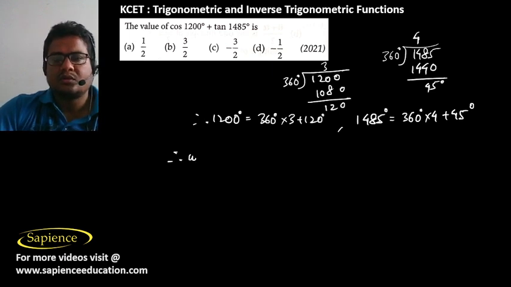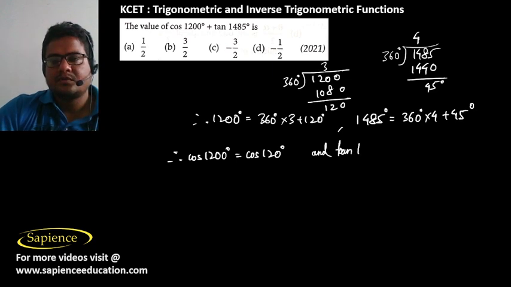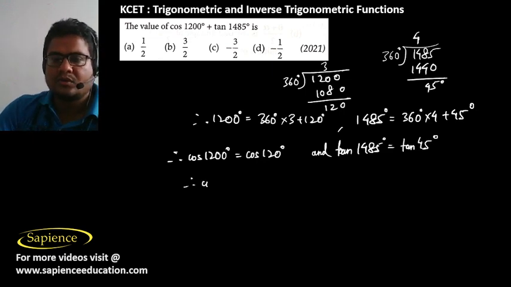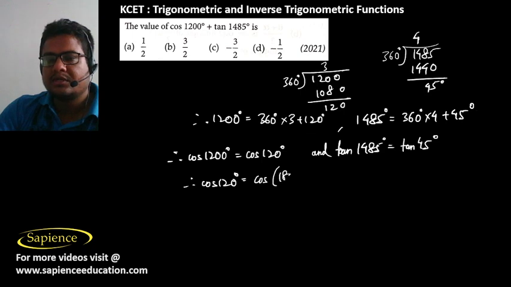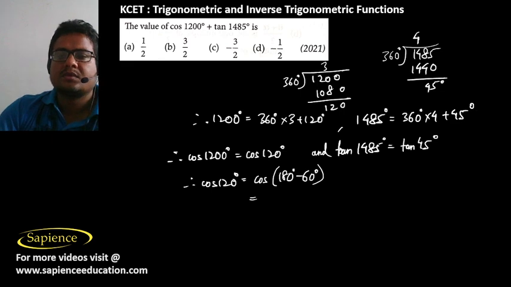So 1485 degree we can write as 360 degree into 4 plus 45 degree. Therefore cos 1200 degree can be written as cos 120 degree, and tan 1485 degree can be written as tan 45 degree. Now cos 120 degree is equal to cos(180 minus 60) degree, which is in the second quadrant.